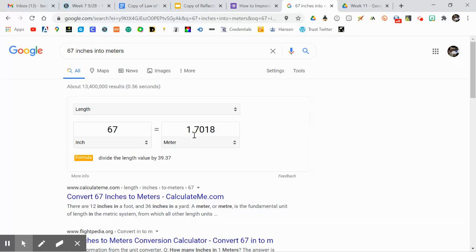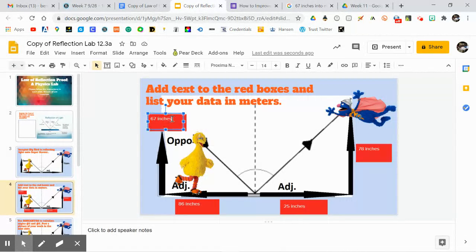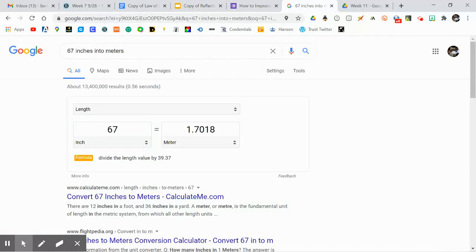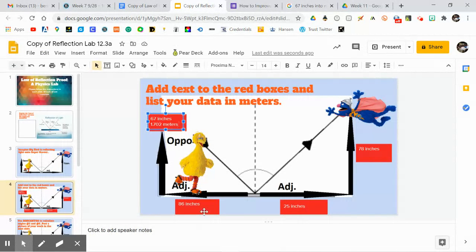It's 1.702 meters. And 86 inches, let's see how much is 86 inches. 86 is 2.184 meters.